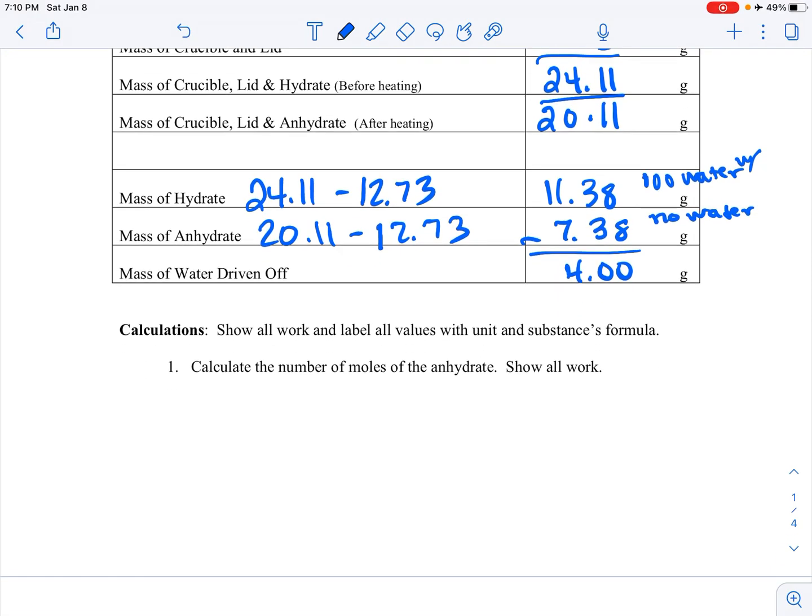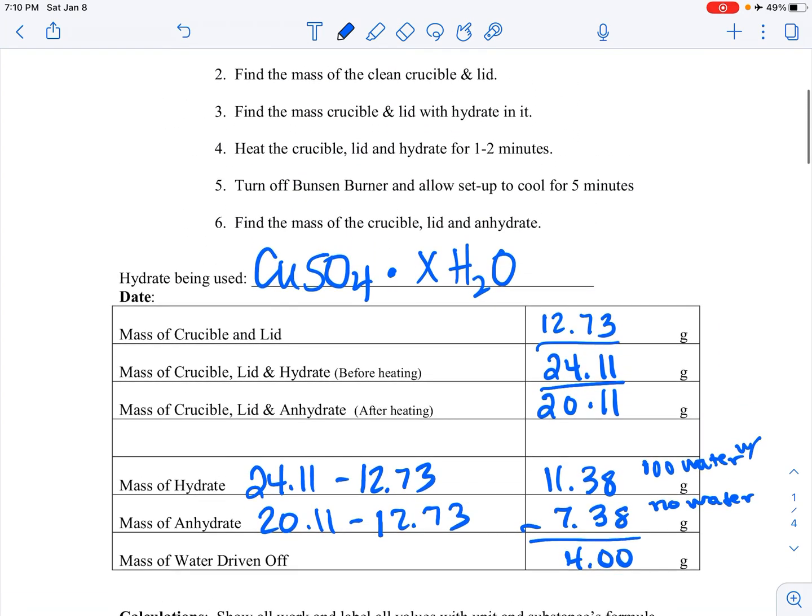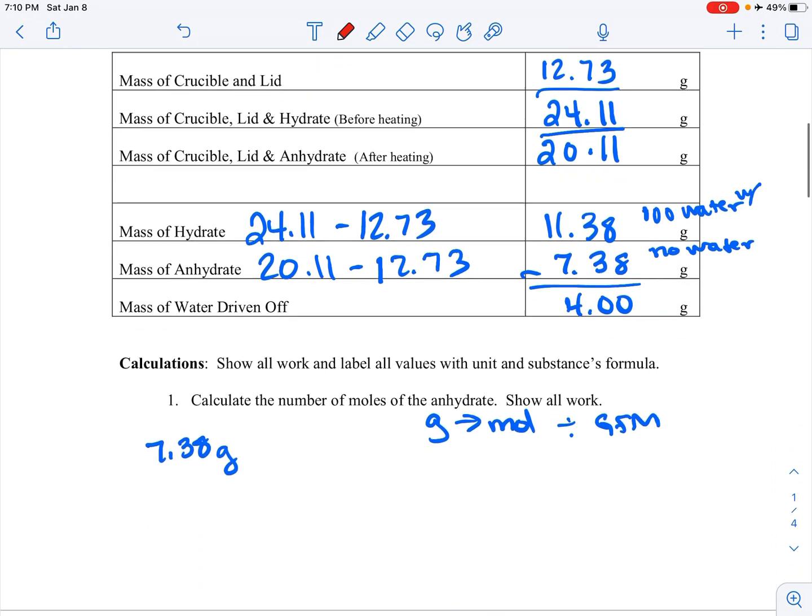Calculate the number of moles of anhydrate. Show all work. So to go from grams to moles, we are going to divide by GFM. So we have moles of anhydrate, which is 7.38 grams. Now the anhydrate is this part. Okay.